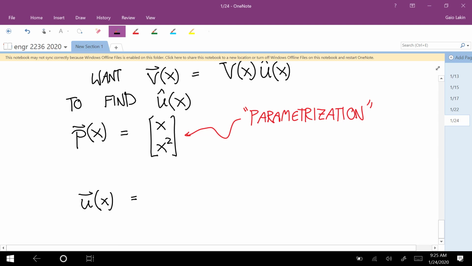It is the derivative of each of these two components with respect to whatever your parameter is. Okay, our parameter is x, so this is dx/dx for the x component, d(x squared)/dx for the y component. And so that's (1, 2x).